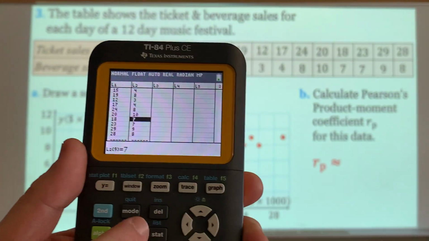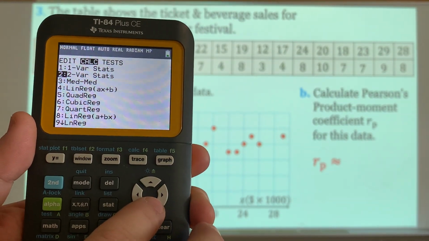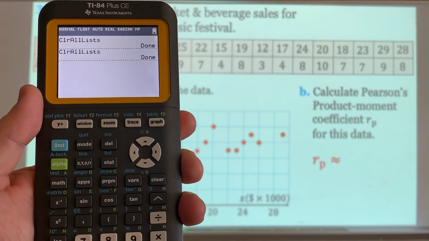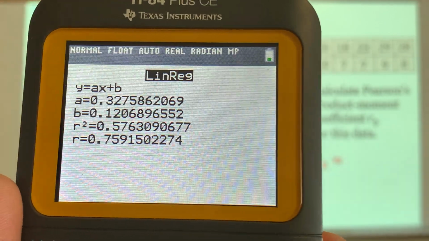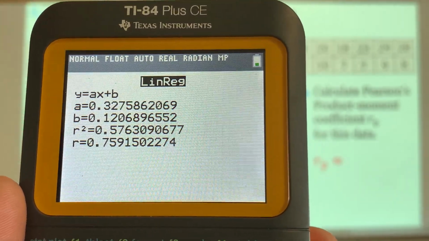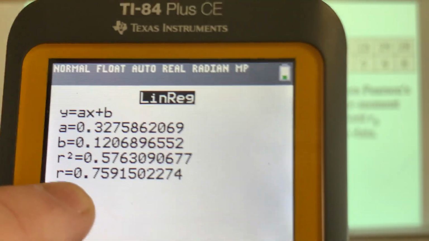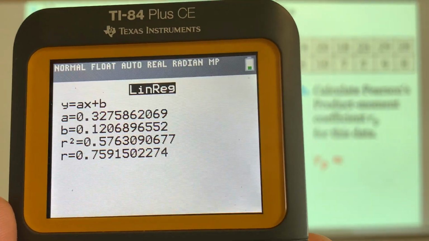Pearson's product moment is stat, calc, for linreg. R equals 0.7591. R, not R squared. My regression line, I can use the A and the B to find that, and we'll do that later on.